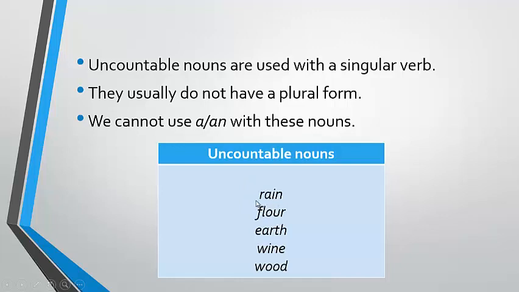Rain is an uncountable noun because they are small particles and it's a liquid. Flour are small particles, earth, wine, and wheat. We cannot pluralize rain like rains. That's impossible. Or flour for flours or something. It's impossible.